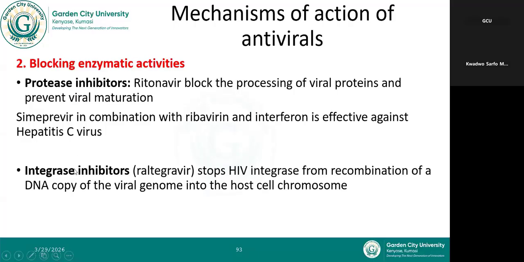Then integrase inhibitors, so as the name suggests, integration. You have the HIV virus that needs to recombine with the host cell chromosome or host cell DNA. So this drug will inhibit the incorporation of the viral DNA.